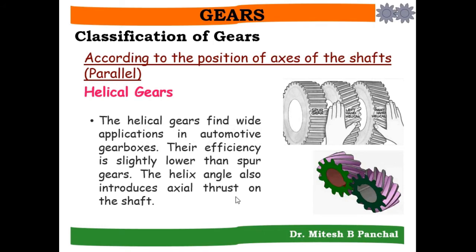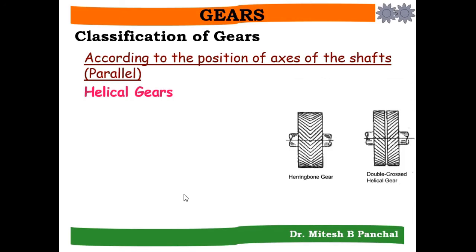So this is a point we have to consider while designing the helical gear, that is the axial thrust produced due to the helix angle provided on the gear tooth. Because of that reason, the introduction of axial thrust will make the design of the shaft complicated. Even the selection of bearings is complicated by the axial thrust.